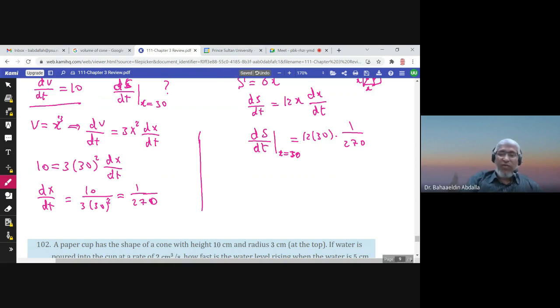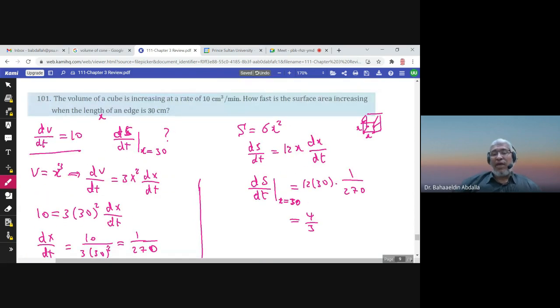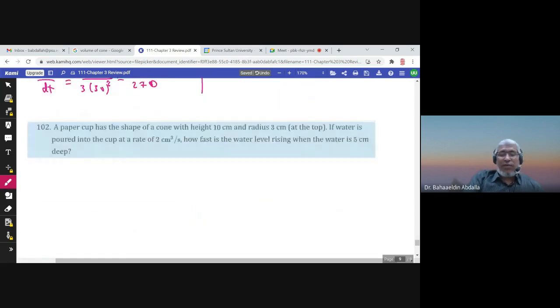So 12 times 30 over 270, that's 4 over 3. So 4 over 3, and this is the surface area, so it's centimeter squared per minute. This is the rate of change of the surface area.